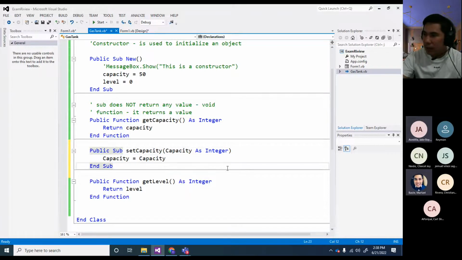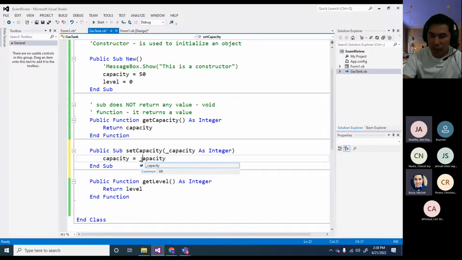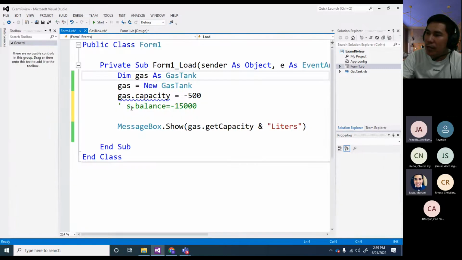And then let's remove this one. So this should be C. Dako na C, and this is kamay na C. Underscore na lang nato ni, para dili siya ma-confuse. Underscore C. So we have here a set capacity, which means na pwede na to i-assign.